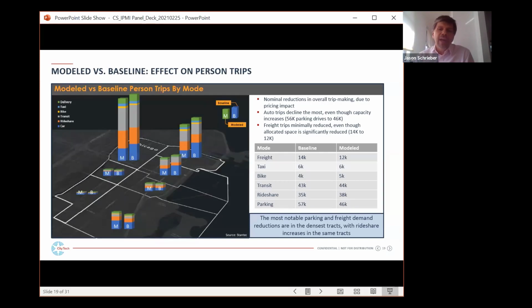What is very fascinating is that by knowing how many trips are coming in, we were able to handle just as much freight, even with a charge, as we were before, or pretty close, with significantly less loading space. So you can see that we have nearly as many freight trips, about as many taxi trips, more biking, a little more transit, a noticeable bit more rideshare, and a significant drop in driving.